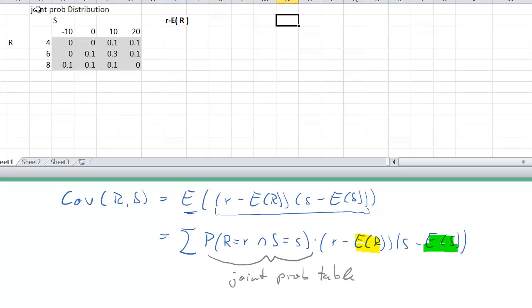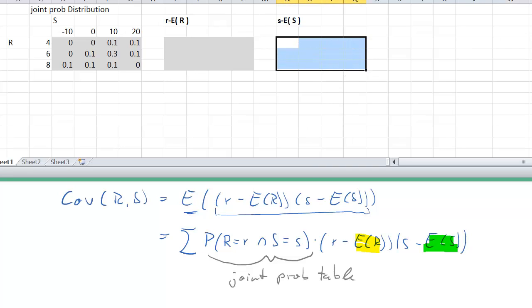Now you can see from the gray area there are 12 potential joint outcomes. So the sum in our formula will sum up over 12 terms. But of course for R we only have 3 outcomes, 4, 6 and 8. So for all the outcomes where R is equal to 4, what is going to be little r minus the expected value of R?